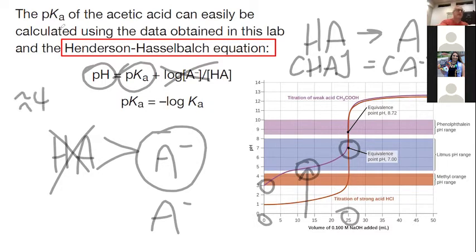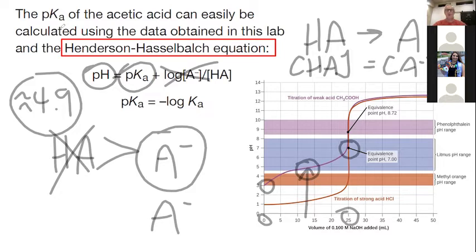It's around 4.9. And if you look up the pKa for acetic acid, it is around 4.9. So you can use this equation to help us figure out not only what the concentration of the acid is we're titrating, but if it's a weak acid, we can figure out what its pKa is as well.